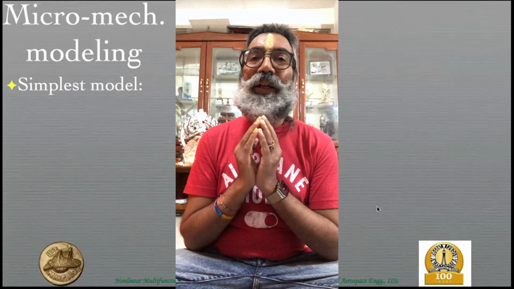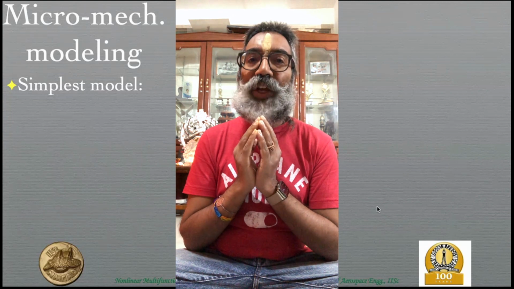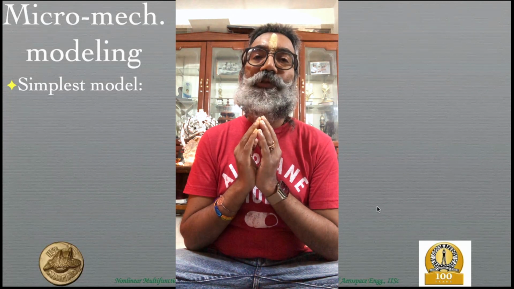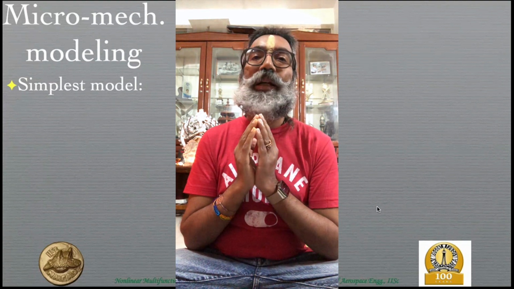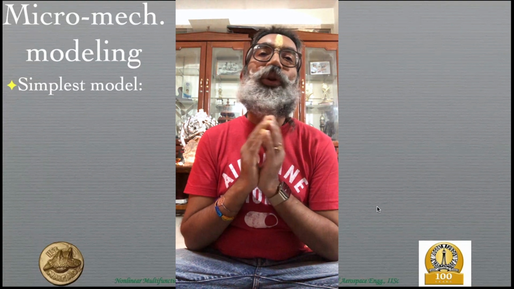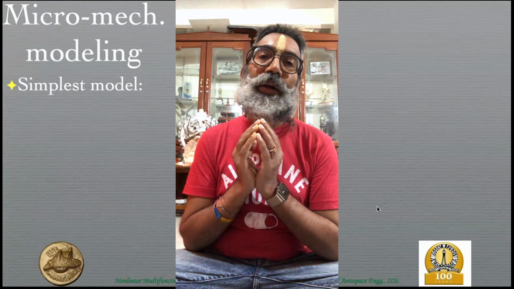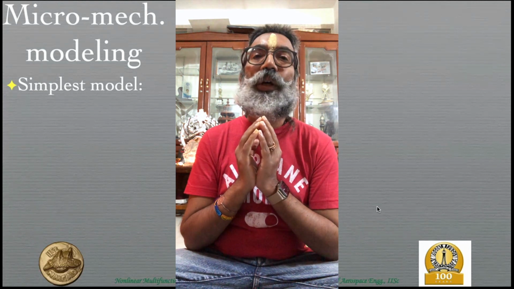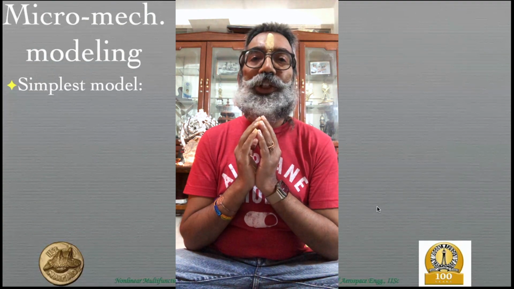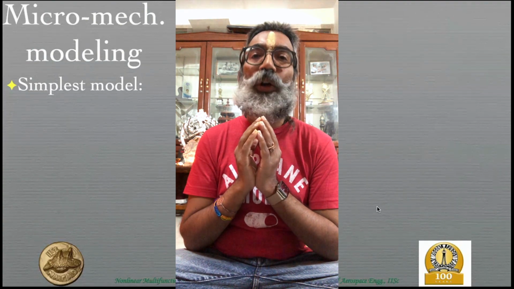So suppose we call that a small VF, then you're looking at VF multiplied by rho F plus Vm multiplied by rho M. The sum should be equal to the density of the composite. In other words, you're averaging using a weighted average, the weightages being the volume fractions.